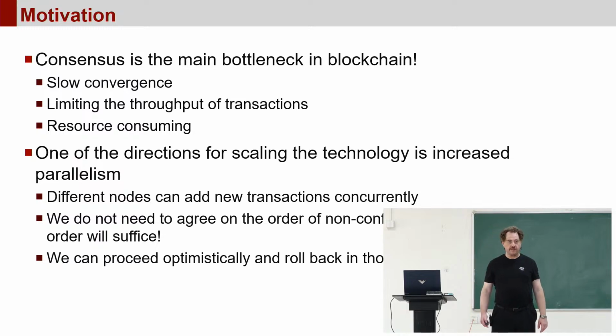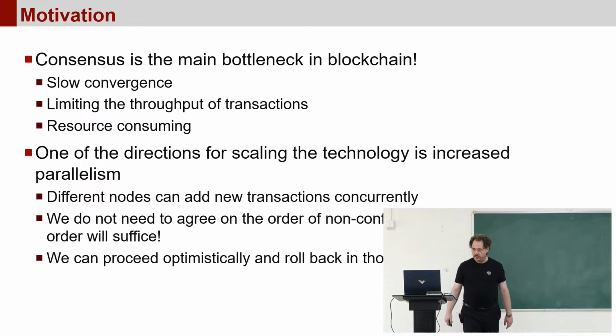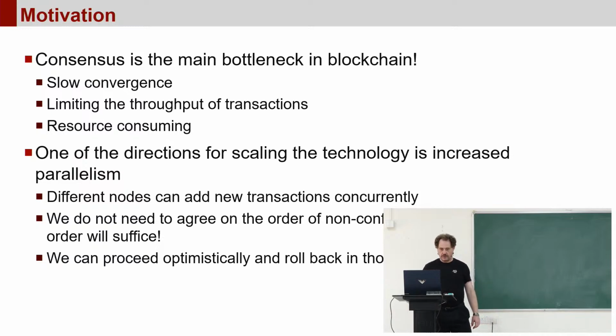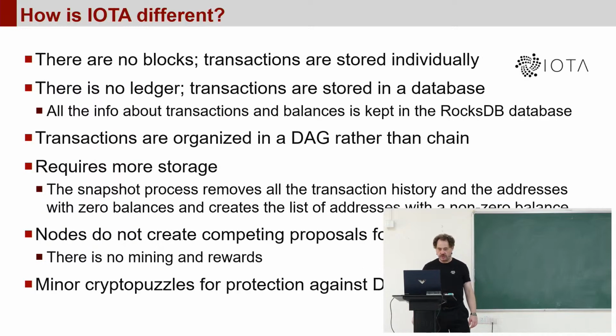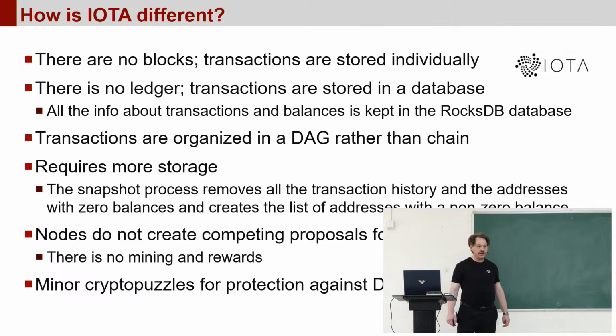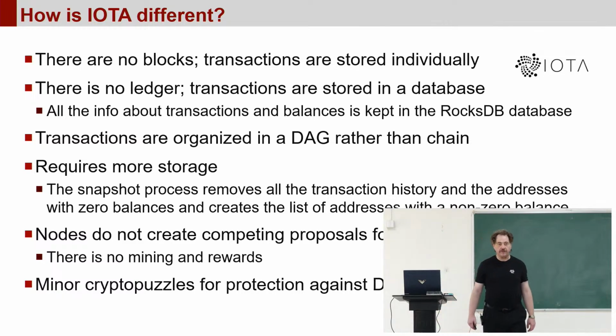And if we do that, we get a higher transaction throughput. So using directed acyclic graphs is one of the mechanisms to achieve that. So we'll start with the consideration of IOTA, which is one of the most prominent DAG-based blockchains.